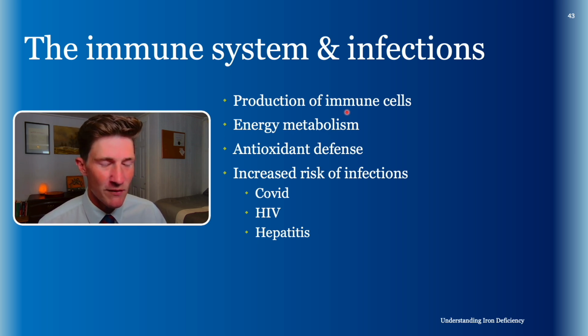Muscle cells use a lot of energy. Neurons use a ton of energy. They're very metabolically demanding. Liver cells, kidney cells, right? Immune cells might even take the cake. They are one of the highest. They have one of the highest metabolic rates of any cell type.